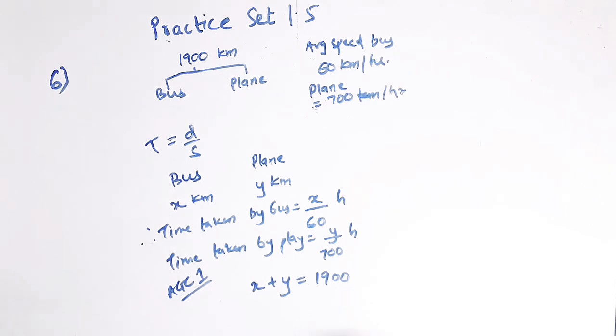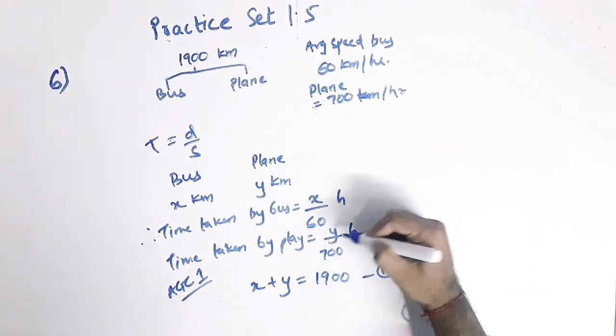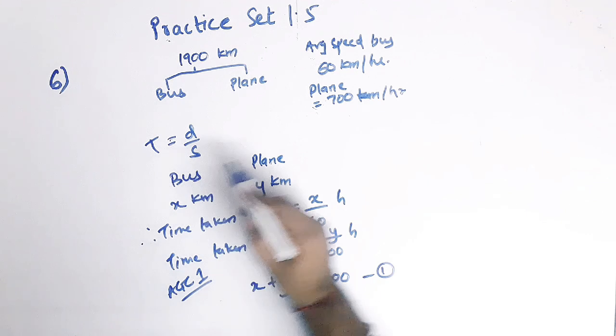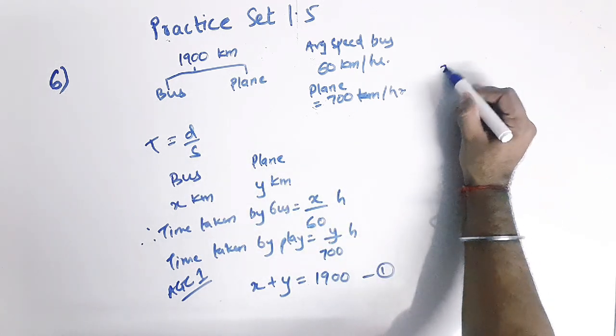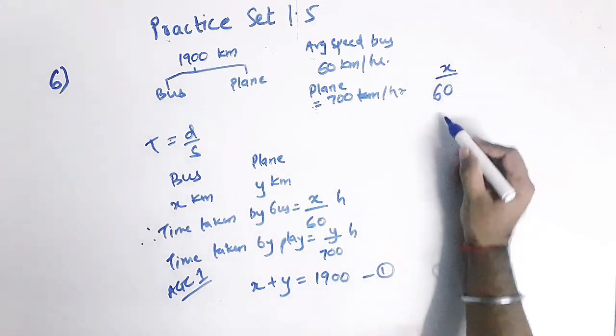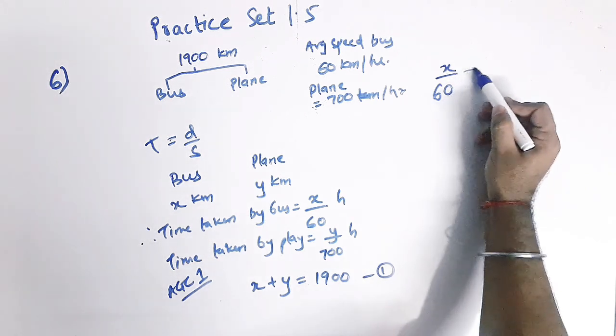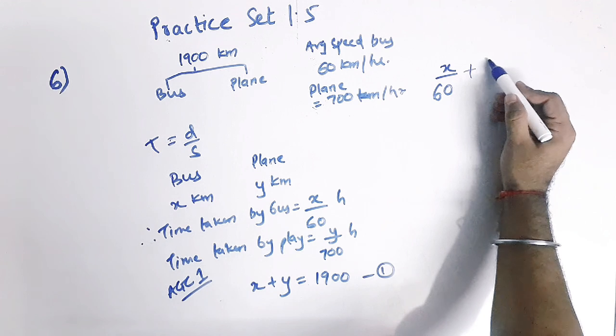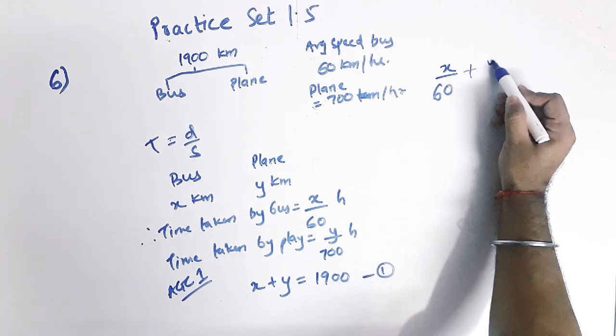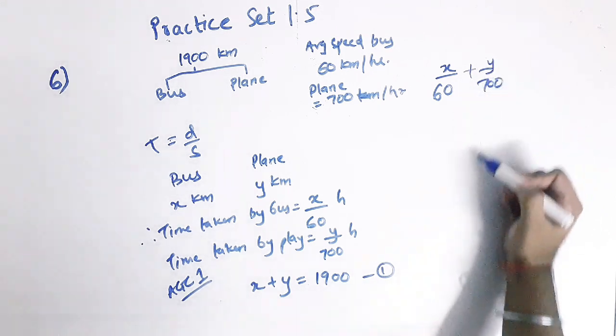I'll give this equation number 1. The second one: time is equal to distance upon speed. This is distance traveled by bus, x upon 60, plus y upon 700.